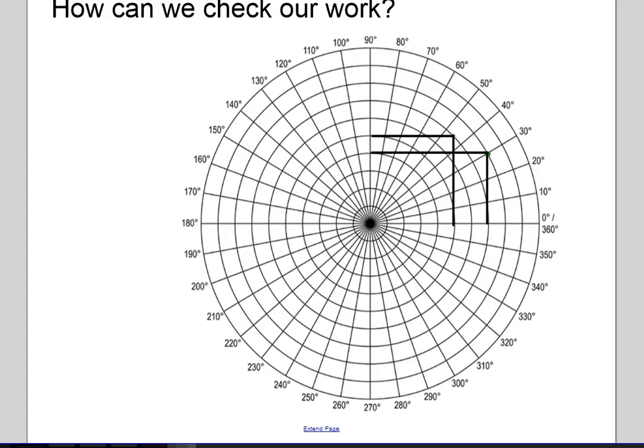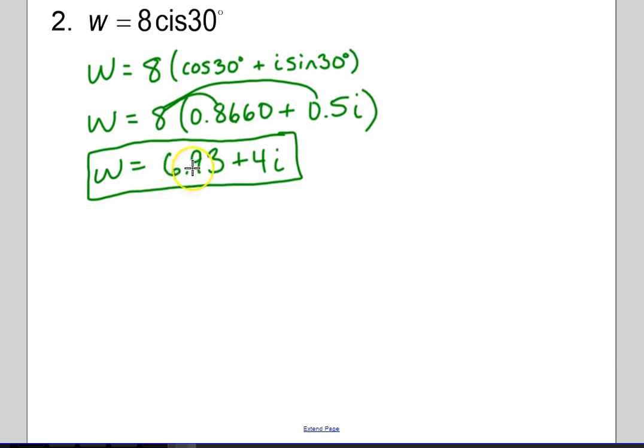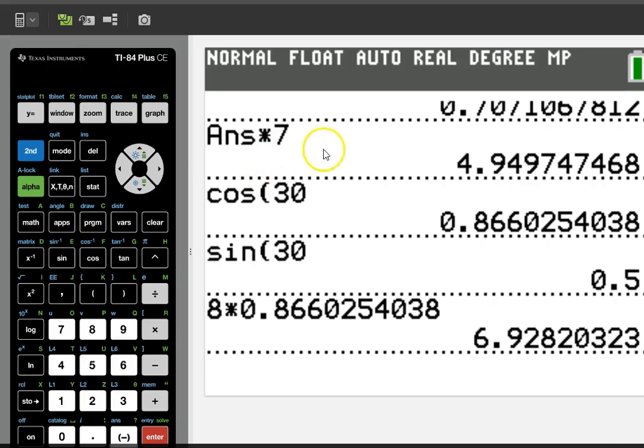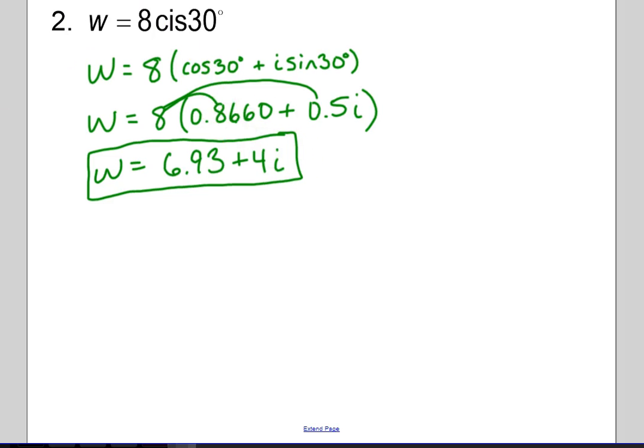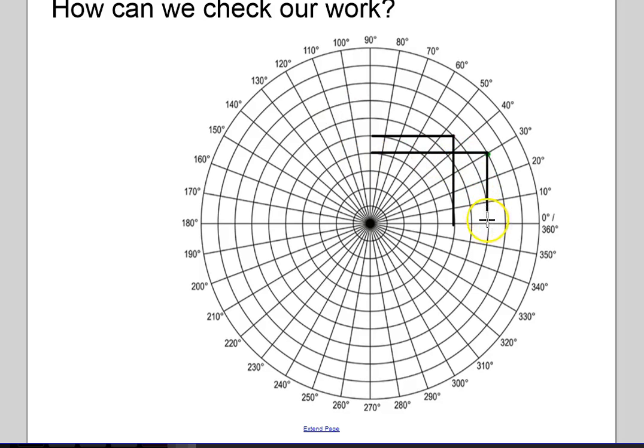My points again were a real component of 6.93, practically 7 for round numbers, and 4i. So let's see how we did. Okay, so that point, yep, it's just shy of 7. Some might even say 6.93 on the real axis, and then on the imaginary axis, yep, right on 4. So it seems like it'll make sense.